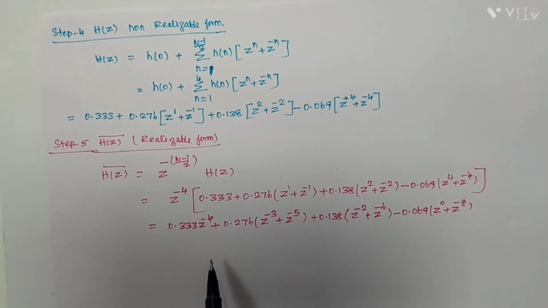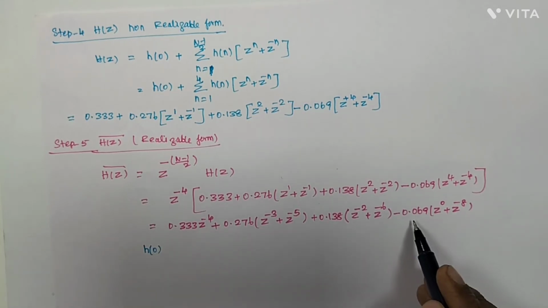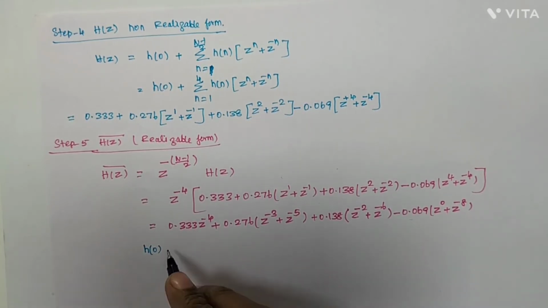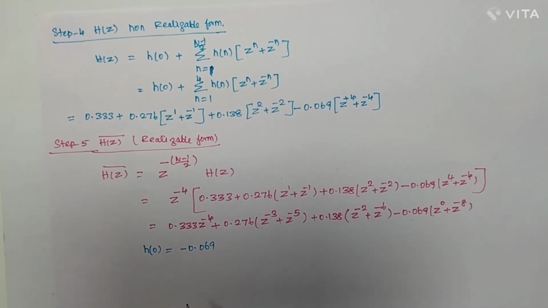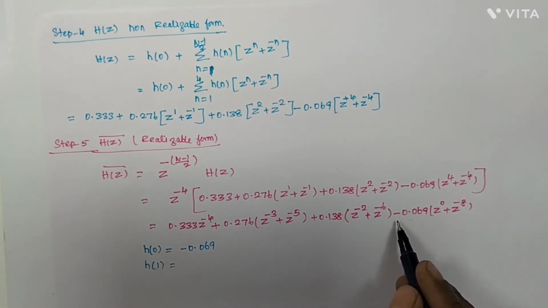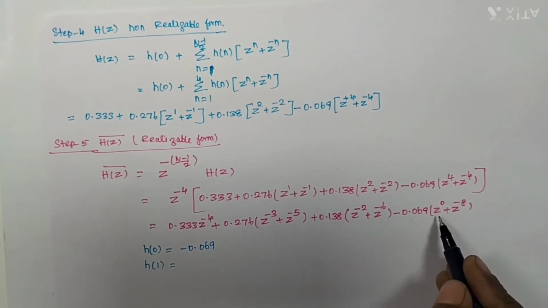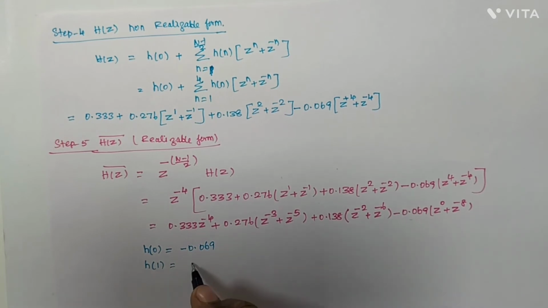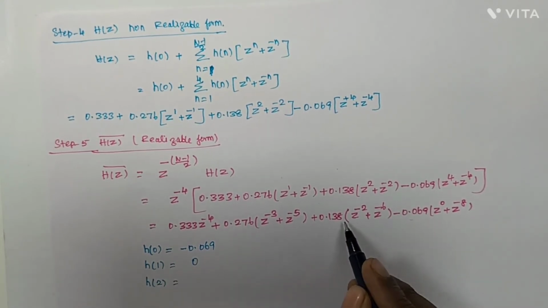From this realizable form, you have to obtain the new filter coefficients. h of 0 is minus 0.069. h of 1 is 0, so there is no delay element. h of 2 is 0.138.